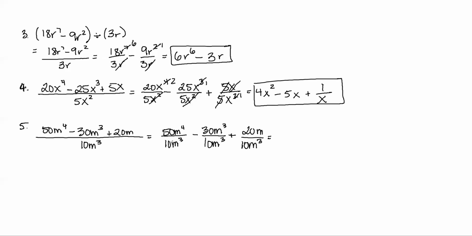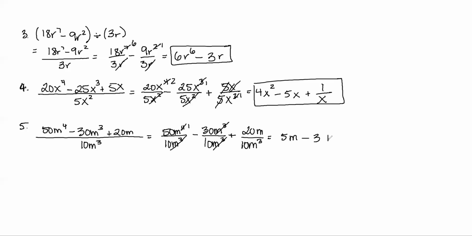50 divided by 10 is 5, and we can cancel 3 m's, so we're left with just an m to the first, minus 30 divided by 10 is 3, and if you notice, all of these m's cancel out, so I'm not going to write any m's next to this 3 because there aren't any left.